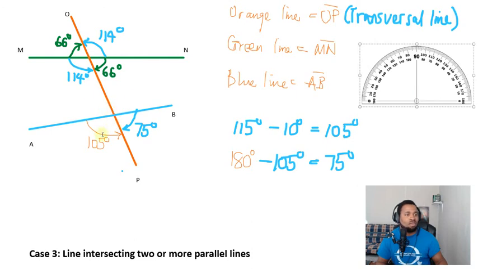So therefore this particular space that is directly facing the space at the top is located above here. And so this measurement is also, in this case, 105 degrees. And this angle here, the space that is directly facing the other side, is also measured to be 75 degrees.